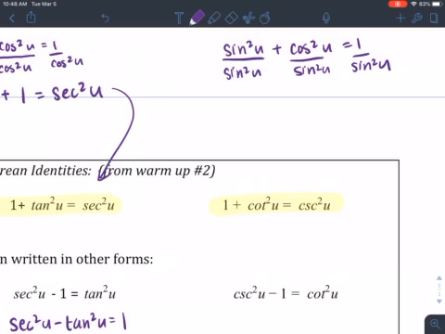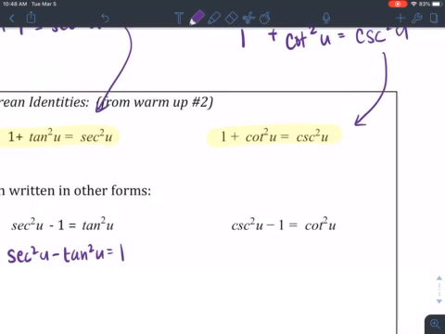This goes to 1, plus the quotient property tells me that this is cotangent squared u, is equal to the cosecant, the reciprocal of sine, squared u. And that's how we get that. Sometimes we like to rearrange it.